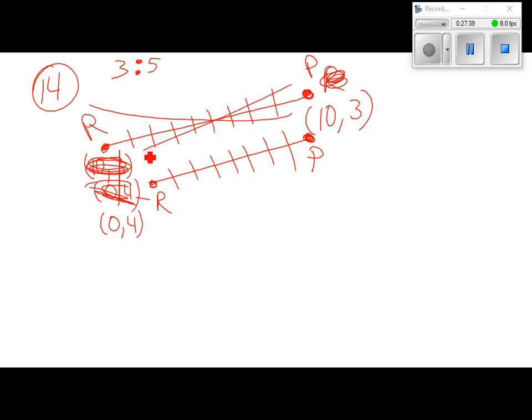How many parts are we going to move from R? 3. So we should be somewhere about there. You could do this right in your book because you're allowed to write in the book. Split it up into those 8 parts and let's get an estimate. About how far is it? What's the coordinate? I say 6, 3, 4. That's what I got.